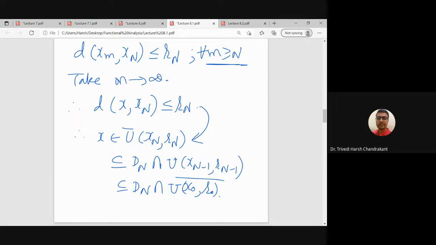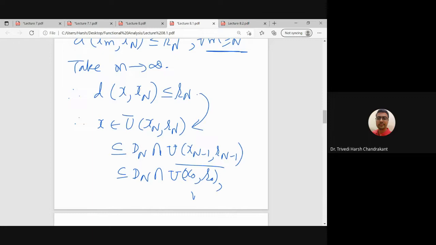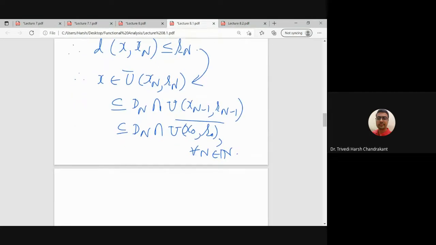This is true for every natural number N, and that will give us x is an element of the intersection.